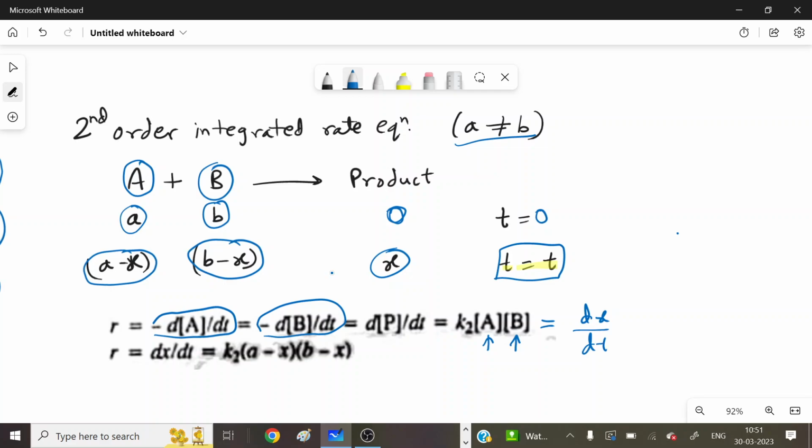So dx upon dt is equal to k2 into concentration of A, which is a minus x, into concentration of B at time t, which is b minus x.